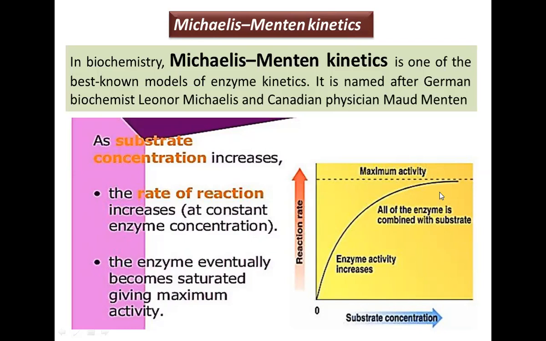That means all enzyme will come and combine with the substrate. So this is the maximum activity level. The enzyme will eventually saturate and give the maximum activity. Beyond that, we will not get any activity.